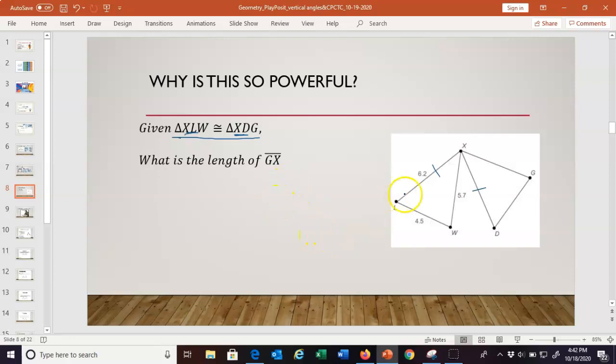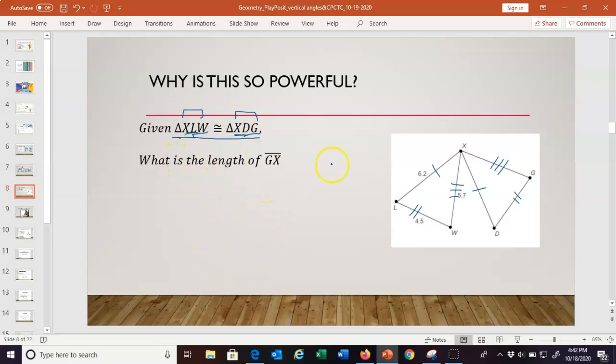And then next is LW and DG. See, those are the next two, LW and DG. So that leaves the last side, WX, first and the last, and GX. Okay, got them all marked up.